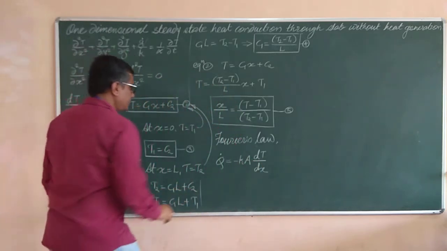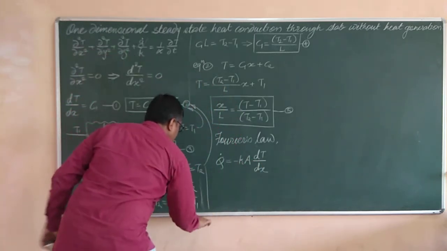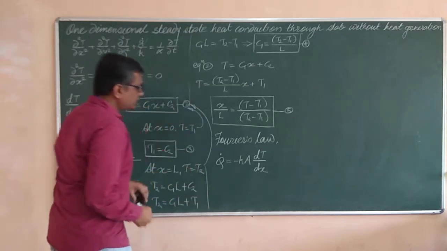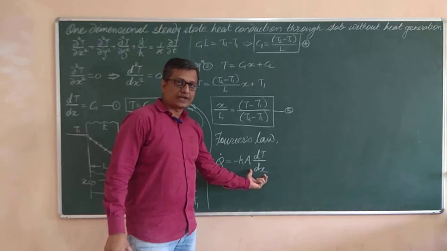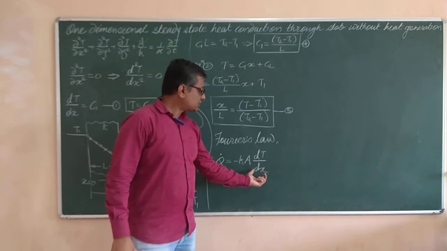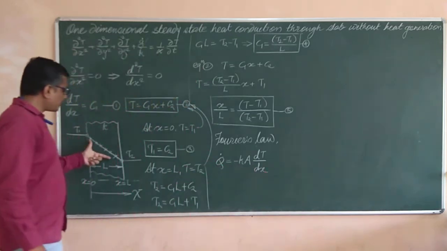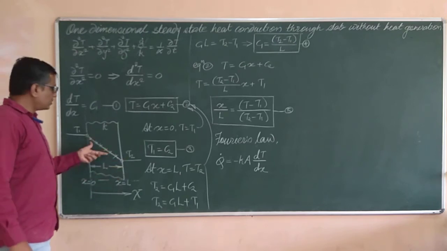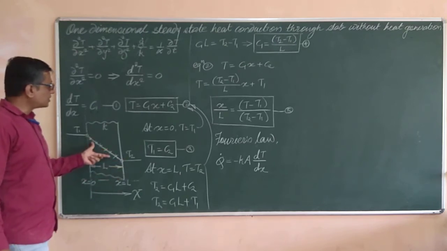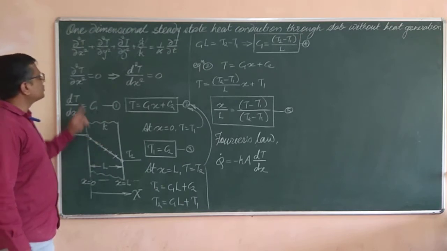But in this case, there is one more part, that is the term dT by dx. dT by dx is nothing but the temperature gradient obviously, but this is also the slope of this temperature to displacement curve, I mean temperature with respect to the x direction. So dT by dx is the slope of this temperature curve, and I think we already got it somewhere.